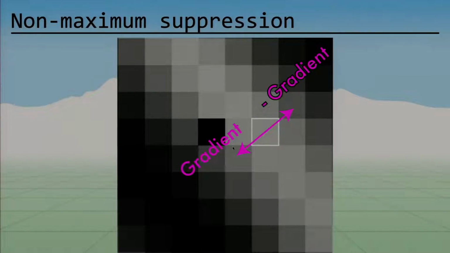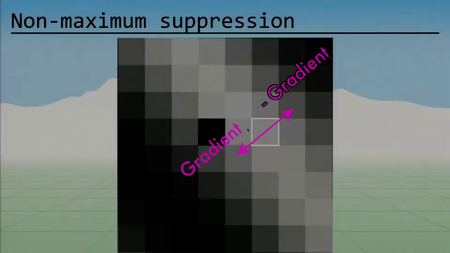There are a few ways of actually doing this in practice. One way that we can imagine doing it is just binning the gradients into different angles. There are only 8 pixels that you can look at in terms of direction. So if the gradient falls in any direction that's more or less horizontal, we're going to look at the 2 pixels to the left and right.